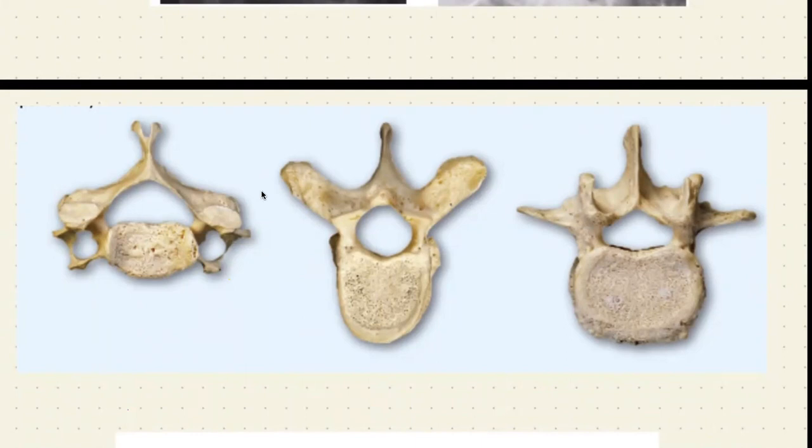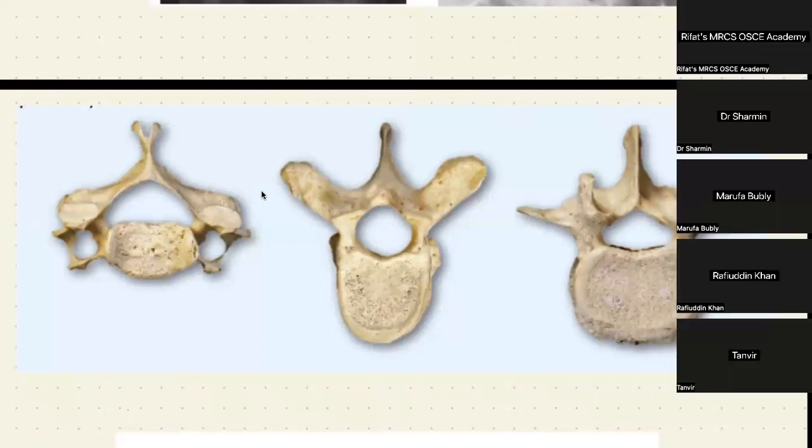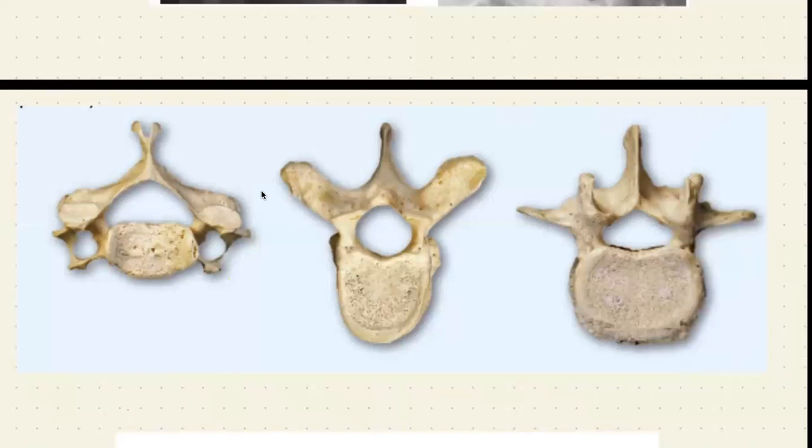Tell us about the course of the vertebral artery with the cervical vertebrae. The vertebral artery is contained inside the transverse foramina. It starts as the first branch of the subclavian artery, second part, and goes inside the transverse foramen of the vertebra.